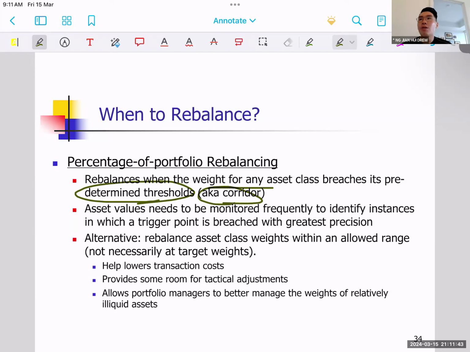This is a bit more intuitive because we are using a percentage of the portfolio. So, okay, that makes more sense. If we breach these plus minus 2%, we rebalance accordingly. Asset value needs to be monitored, of course, to ensure that the value is within the 2%, let's just say.